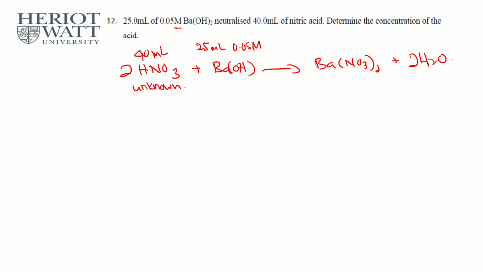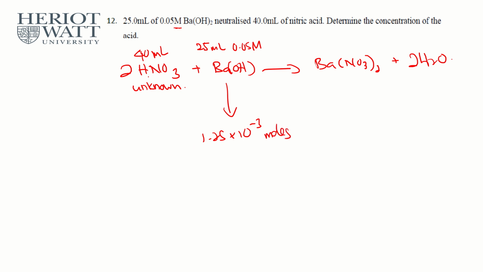So how do we know the concentration of HNO3? First, calculate the number of moles of barium hydroxide used. 0.05 times 25 over 1000, you get 1.25 times 10 to the power negative 3. Alright, so this is the mole.